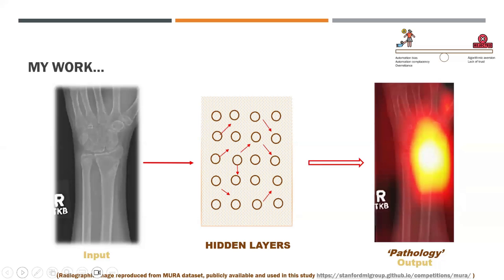And this can take many formats. I've used heat maps as an example in my research, but a PhD student of mine is using regions of interest and textual descriptions, as well as box plots and things too.